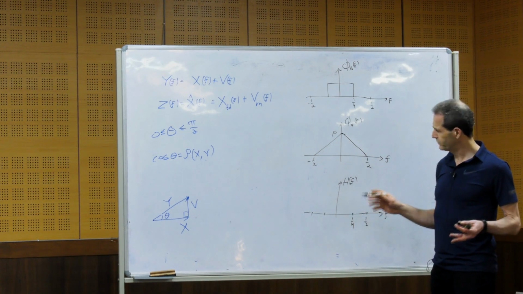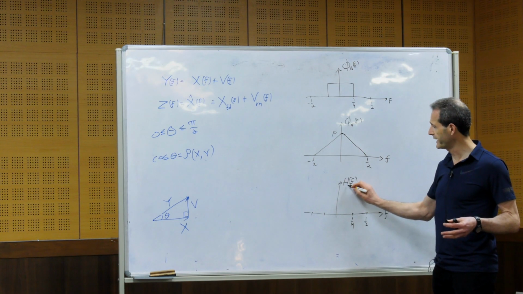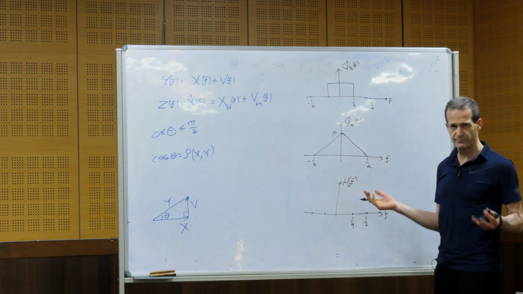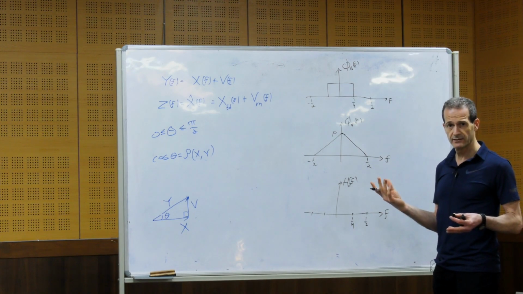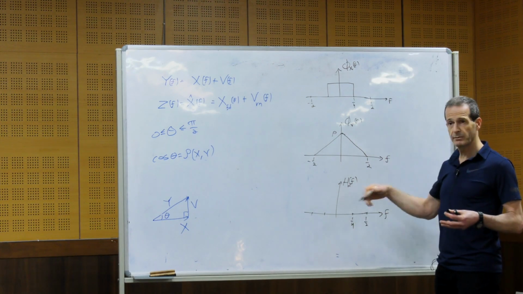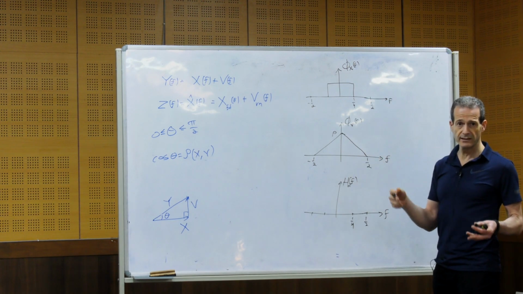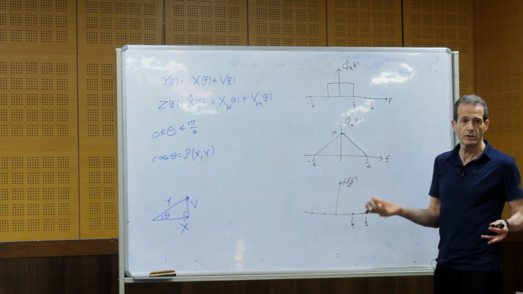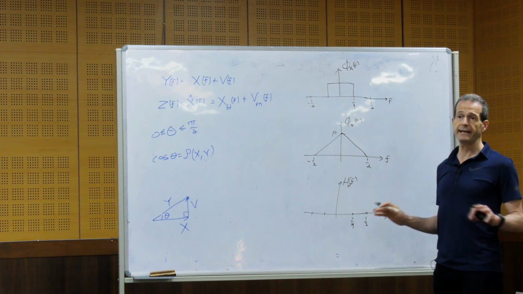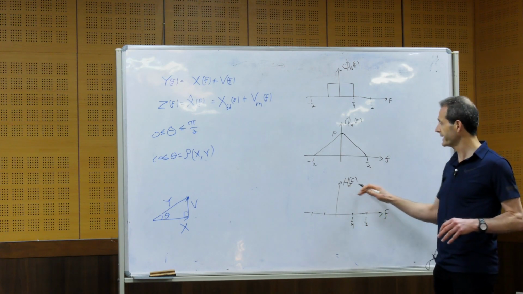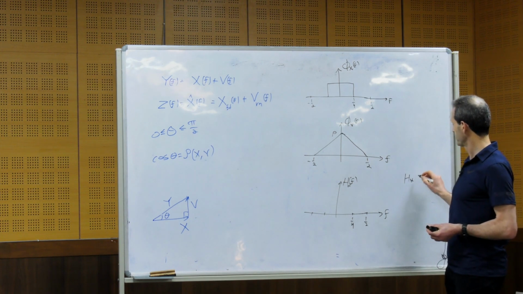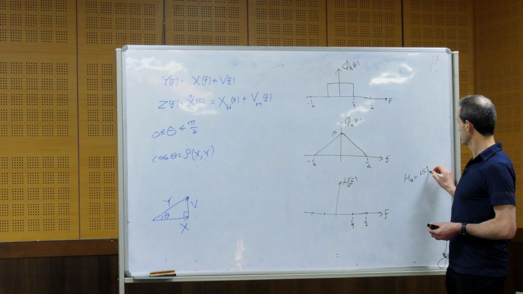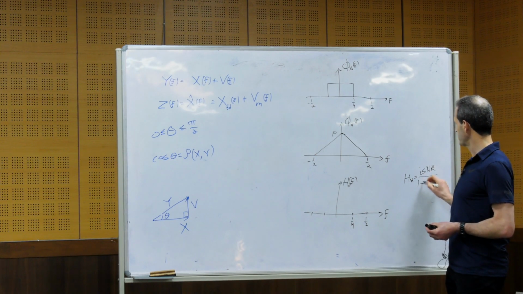For the Wiener gain, or any gain actually, it means that when the signal to noise ratio is high, the gain will be higher, and when the input SNR is low, the gain will be lower. And the Wiener gain, we know, looks like input SNR divided by 1 plus input SNR, because we obtained this.